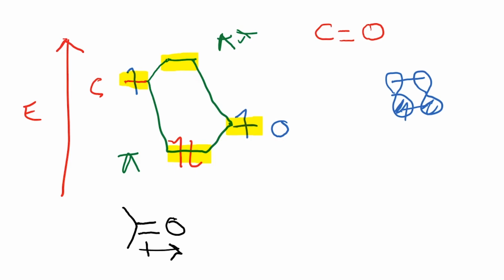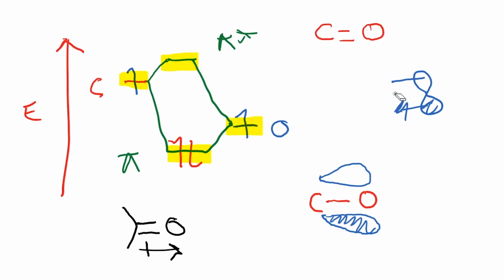Now let's come to the shape of the orbitals. When you draw carbon and oxygen, the contribution from oxygen is greater, and so the molecular orbital will look something like this. There's going to be a much greater contribution from oxygen compared to carbon. The corollary to this is that you will have a much greater contribution from carbon when it comes to the antibonding orbital.